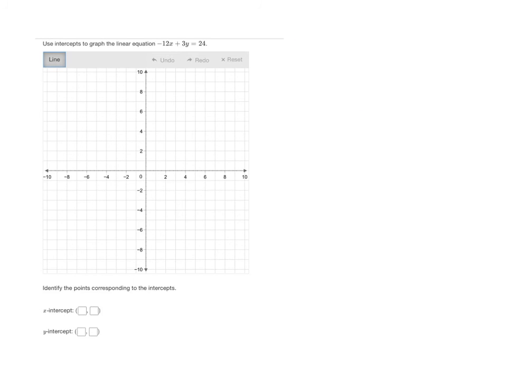Alright guys, one more to go. Let me rewrite it. Negative 12x plus 3y equals 24. The first thing is, if I want to find the x-intercept, I set y equal to 0. And if I want to find the y-intercept, I set x equal to 0.